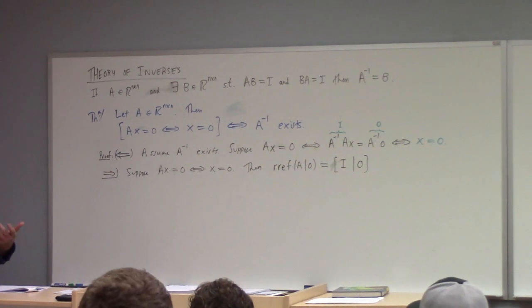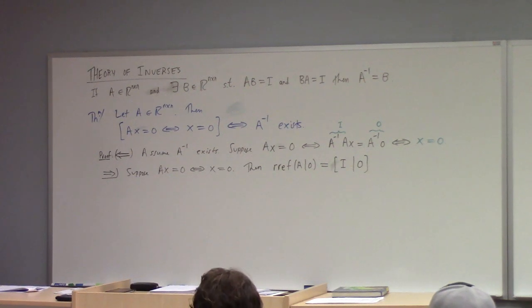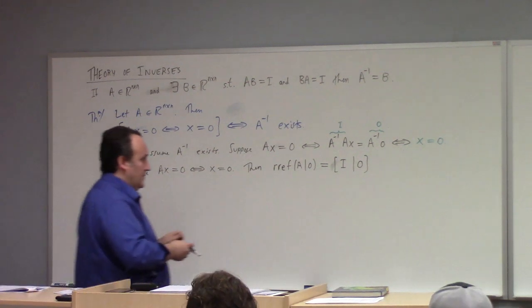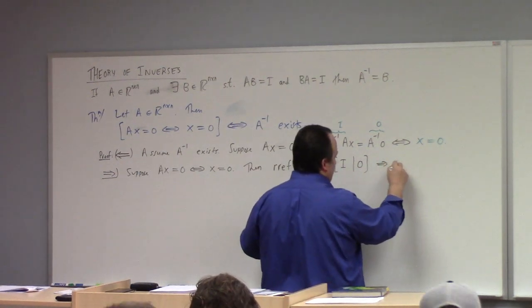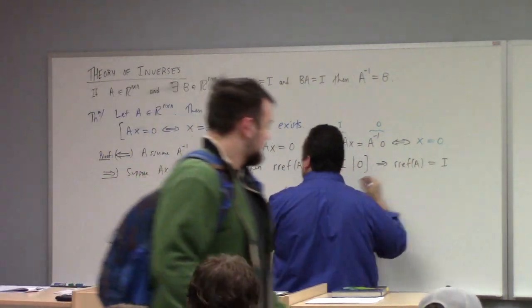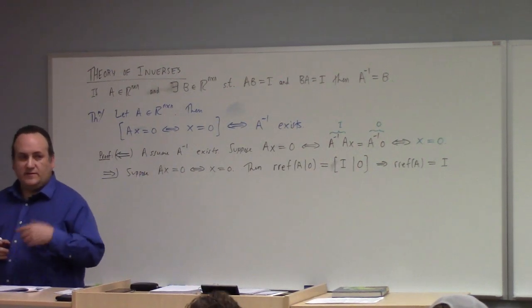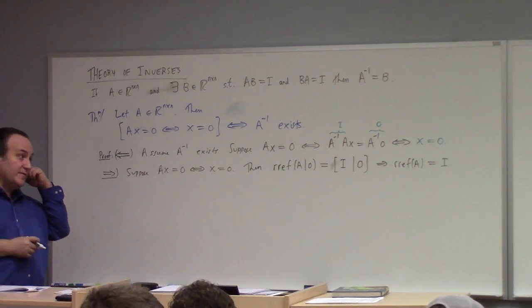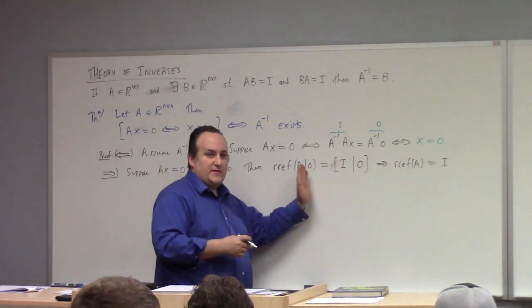That means that every column in this n by n matrix is a pivot column, right? But what does this mean? Because of the structure of row reduction, this implies that the reduced row echelon form of A is itself the identity matrix, remember, because row reduction goes column by column, right?